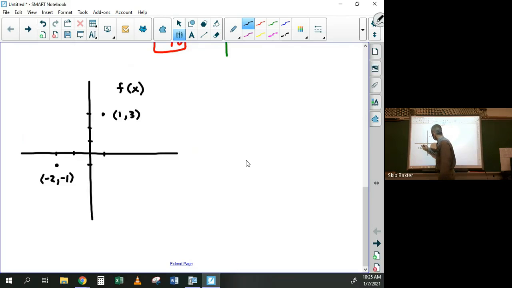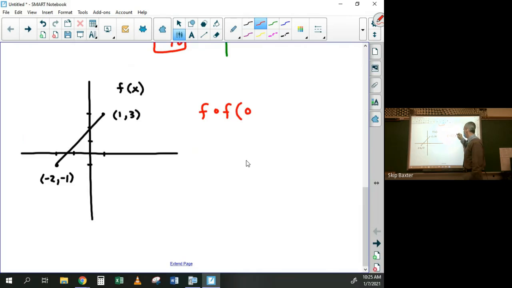Okay, so it looks like that, right? And what's the slope of this line? It's 4/3, okay. So this is not going to be a good example. But anyway, suppose this is what the function is, and we're trying to find f composed with f of 0.